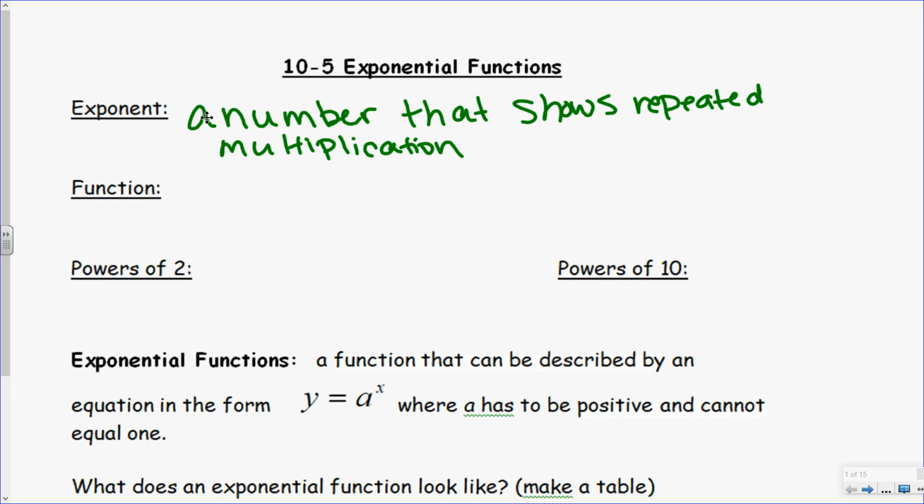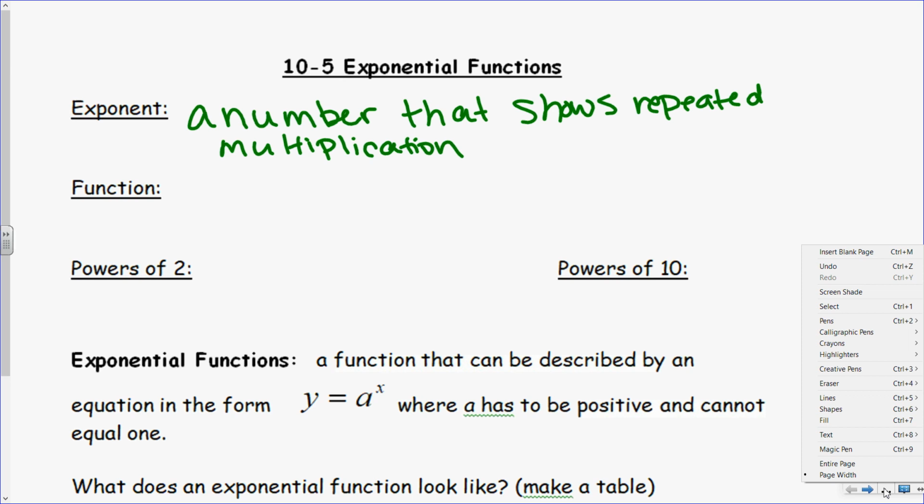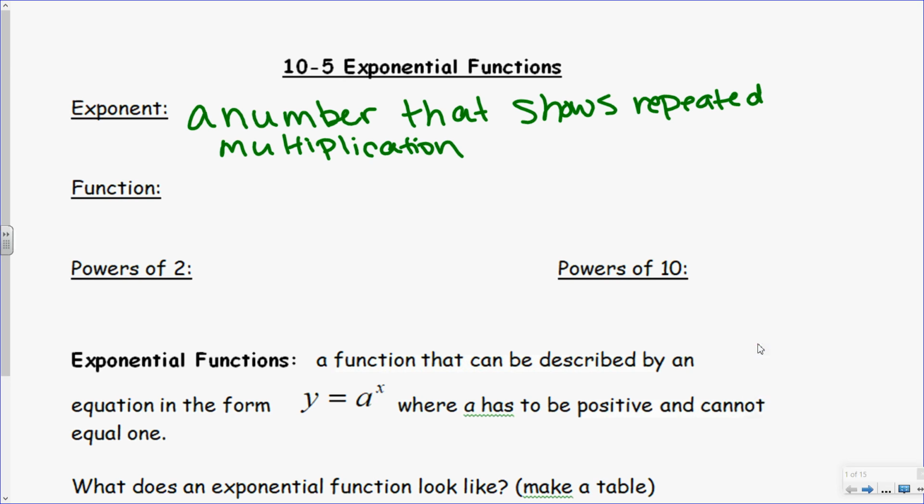So an example of that would be 2 to the 5th. I'm doing 2 times 2 times 2 times 2, where 2 is repeating 5 times.